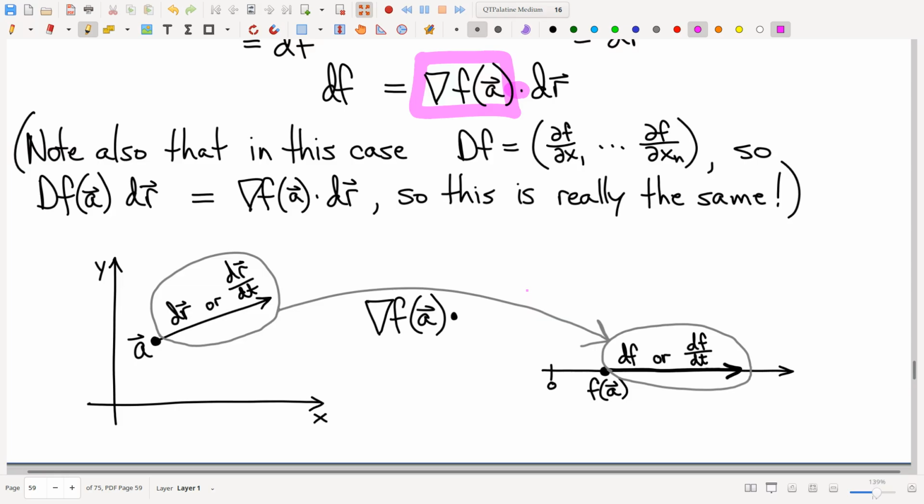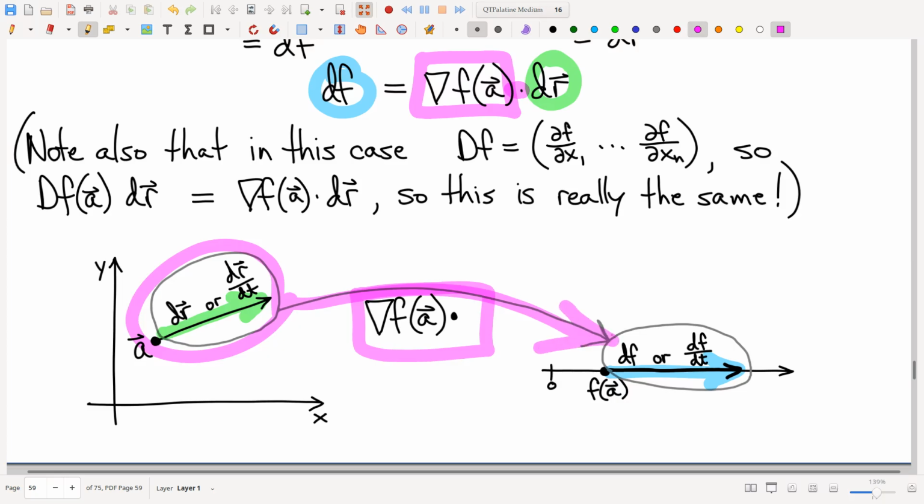Whether this is an input change or an input velocity, your choice. Likewise, output change or output velocity, and I can't emphasize enough, this is real valued only. You can only talk about dot products with the gradient in the real valued case. Dot product with the gradient behaves just like multiplying by the derivative matrix.